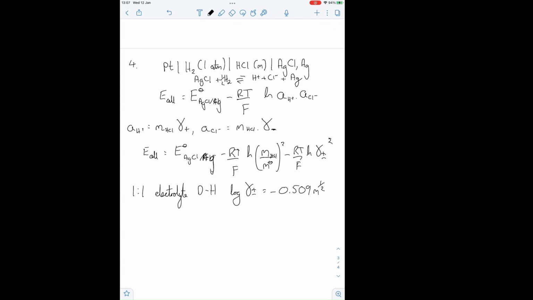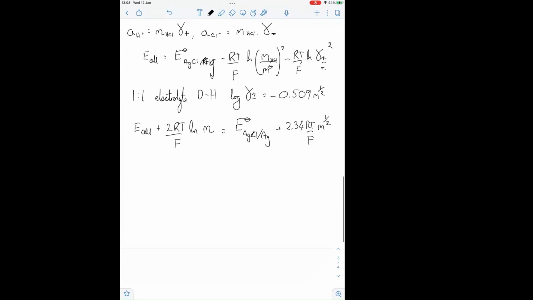Okay, so if I substitute that into the Nernst equation we've got above, for the gamma plus-minus here, I get that the potential of the cell plus 2RT over F natural logarithm of the molarity of the solution, strictly over M naught so it's dimensionless, equals the standard potential I'm looking for, which is AgCl/Ag, plus 2.34 RT over F times the molarity of the solution to the half. Okay, so using a Debye-Huckel correction.